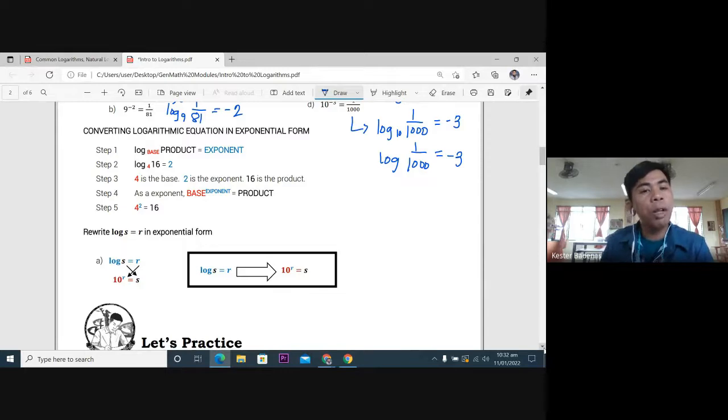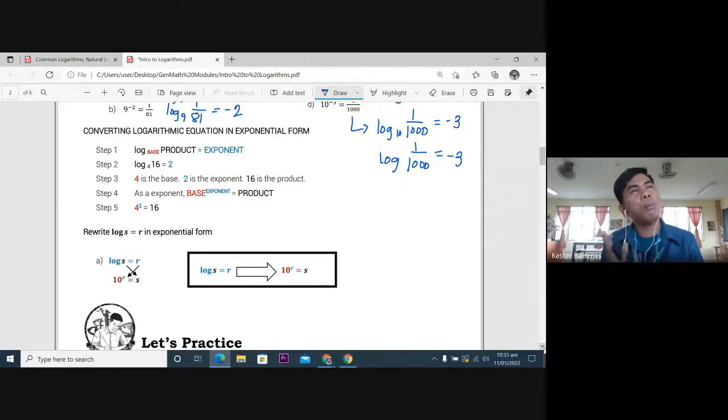So, if we have logarithm of 16 with the base 4 is equal to 2, so 4 is the base, basically, hindi naman nagbabago yung base. Kung ano yung base sa logarithm, siya din yung base doon sa exponential function, okay? Or equation. So if 4 is the base, 2 is the exponent, and 16 is the product.